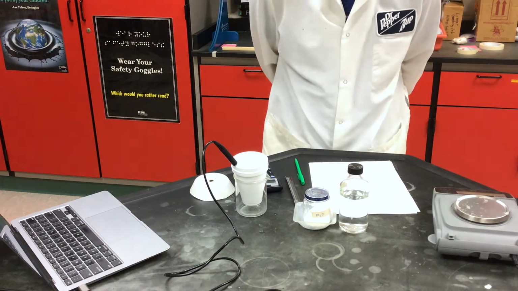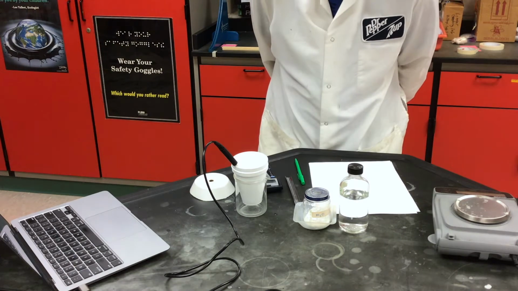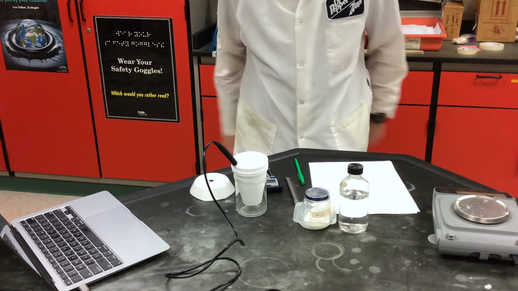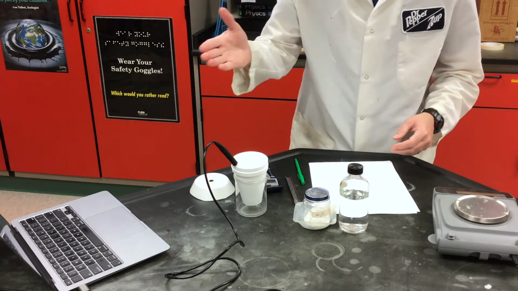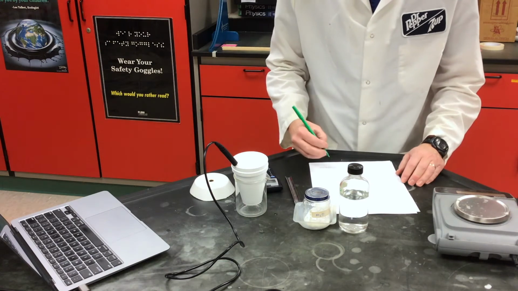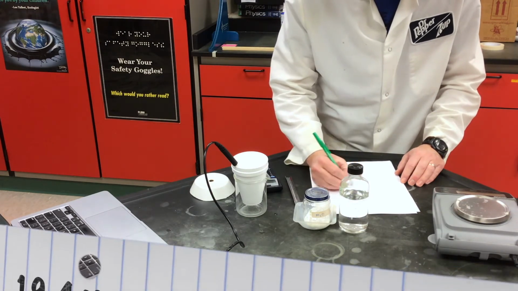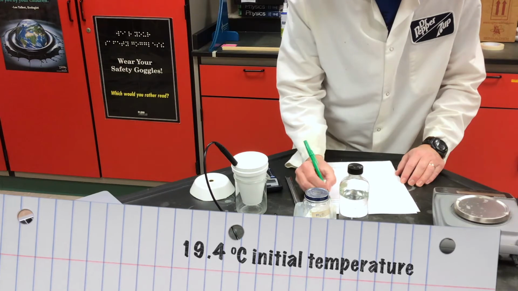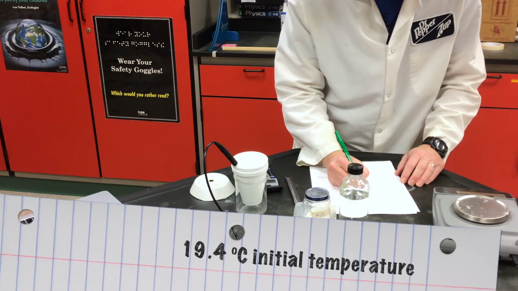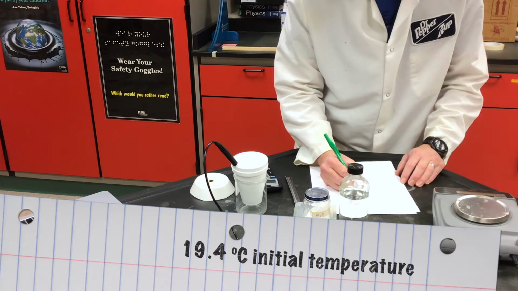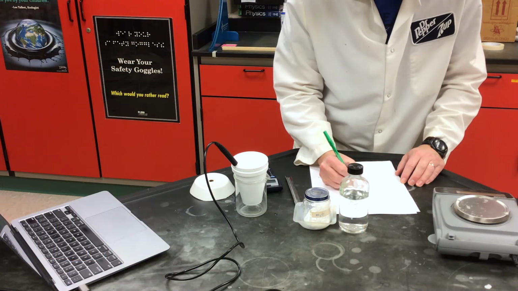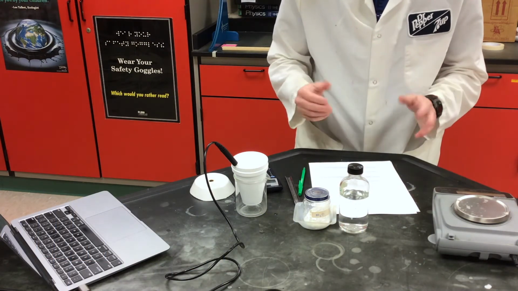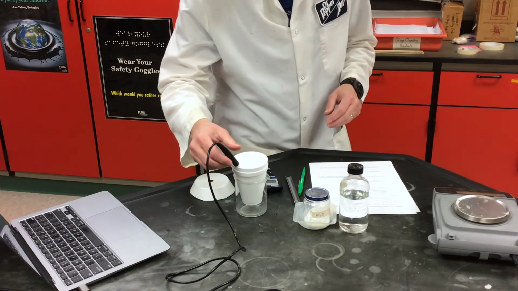This really should be at room temperature, so it should also be giving me what the thermometer was reading. But I look here, and what I'm seeing on my computer, it says 19.4 is my initial temperature of the solution. So I'm going to record that in the data table, 19.4 degrees Celsius as my initial temperature. We don't know the final temperature yet, so we're going to hold that thought there.